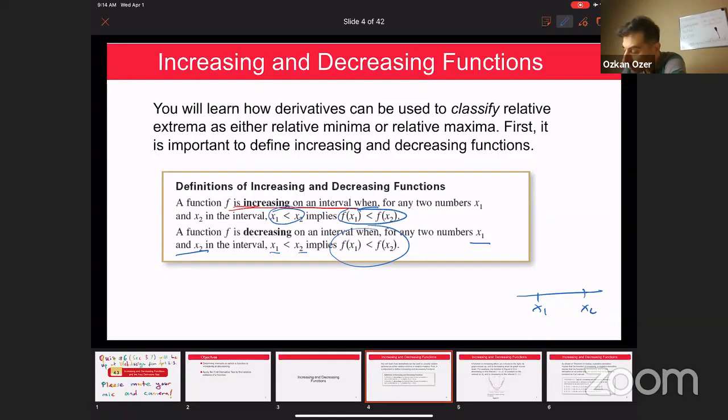This would be greater than, there's a typo here. f of x1 is to be greater than f of x2. So if f of x1 is right here and f of x2 is here, that is a decreasing function. I'll have more examples anyway, but first of all, correct the typo here: in the second definition, this should be the greater than sign. Make sure you have that, and I'll correct it in my lecture notes.